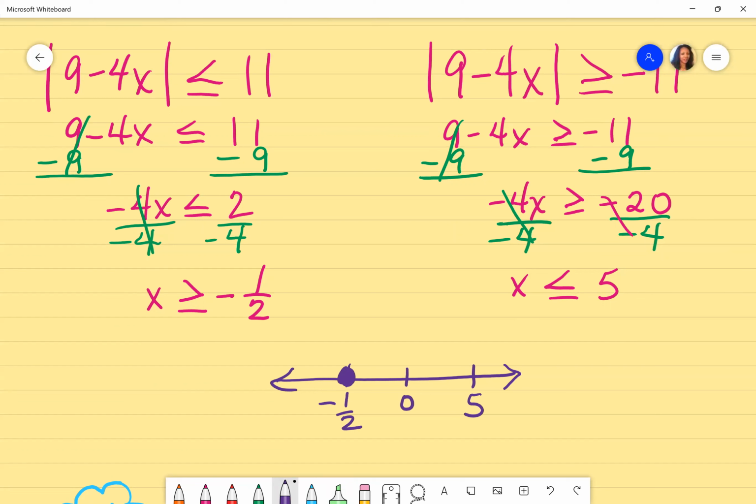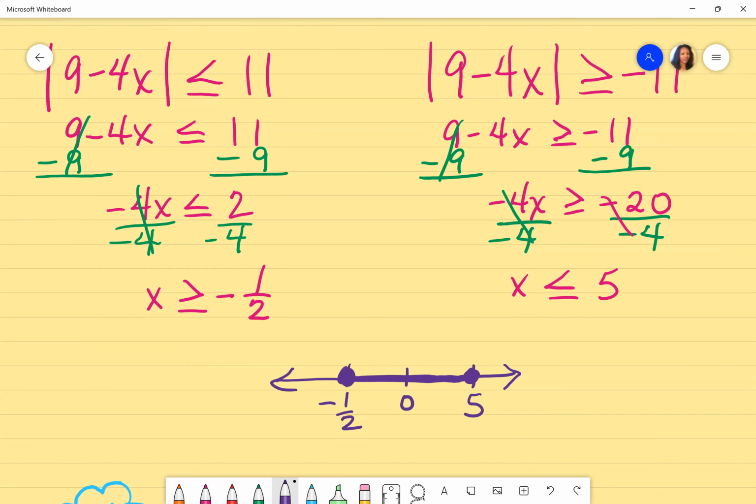And I'm not going to shade in anything else until I do the other side. So on the other side, I see at 5, it's still equal. So I'm going to have another closed circle. But this time the x is before 5. It's everything less than 5. So what that tells me is that x can be anything that's sandwiched in between those two values.